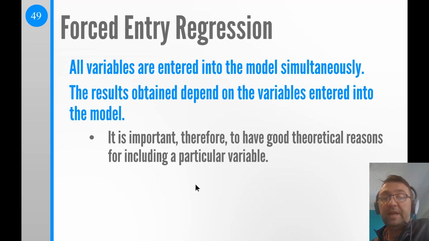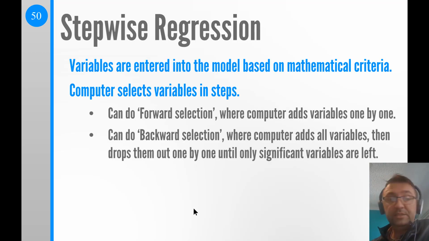Forced entry adds them all in at once, and it's pretty good, but you still need to have reasons why you've put all the variables in. Lastly, stepwise is generally a bad idea.